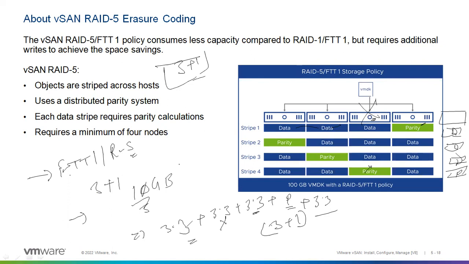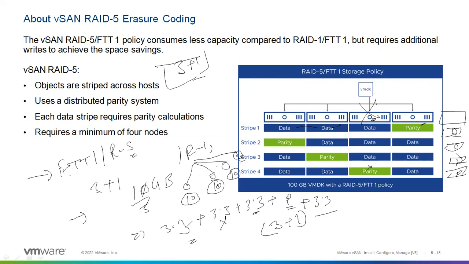When you are writing RAID 1, FTT1, it means equal chunks of data go here, 10 GB, 10 GB, like that. If you are writing 3 times with FTT2, then it is 30 TB, kind of that. If you are writing FTT3, that is an equivalent amount.